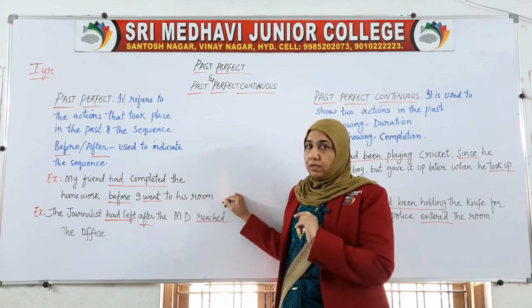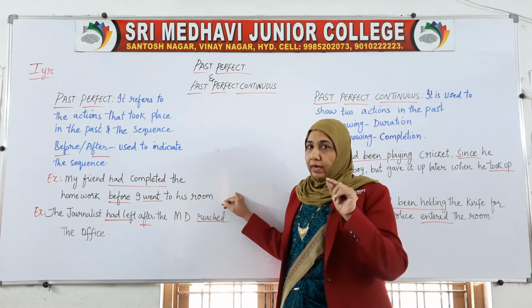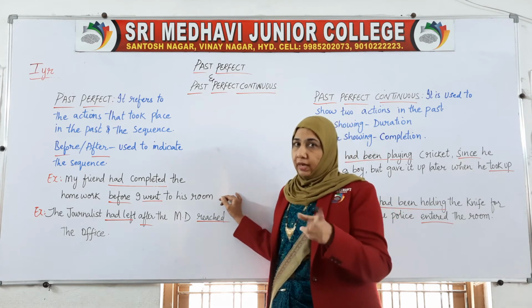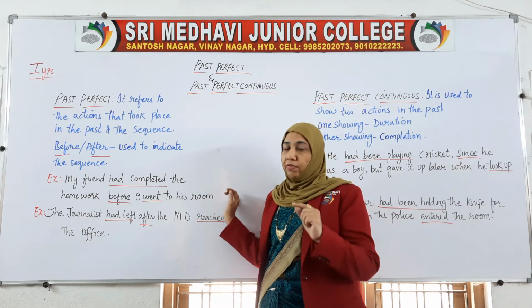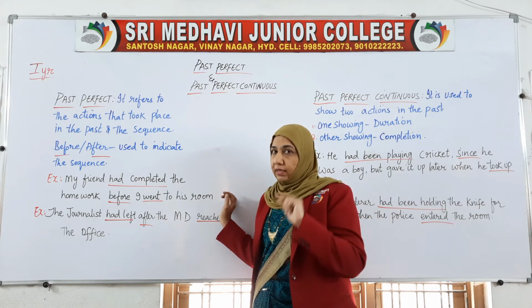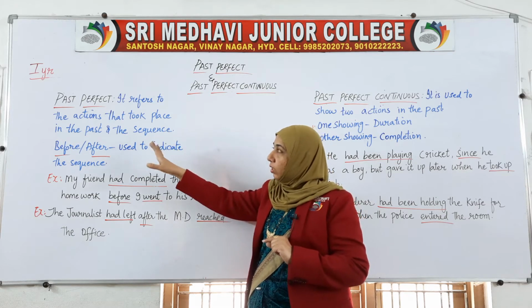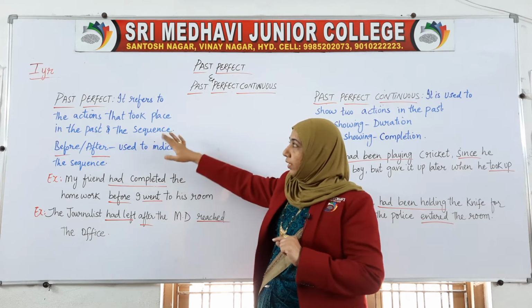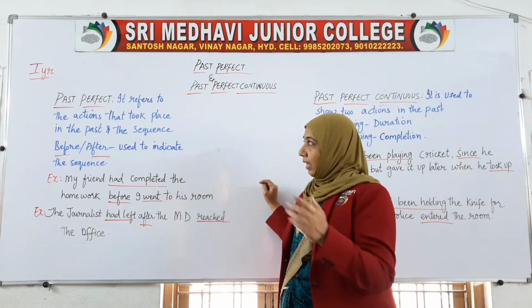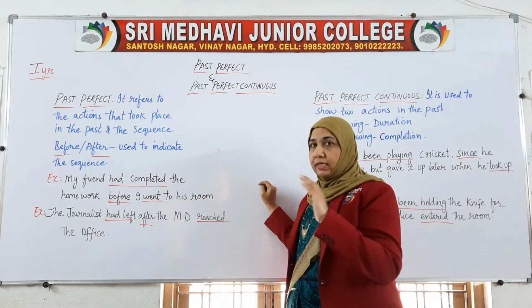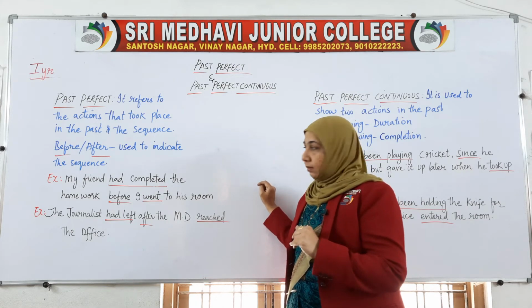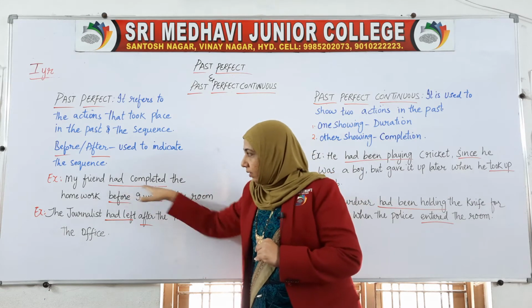So this is a necessity for understanding the sequence of actions, especially when you are referring to an action which has been done in the past. What is past perfect? It refers to the action that took place in the past and it shows the sequence.